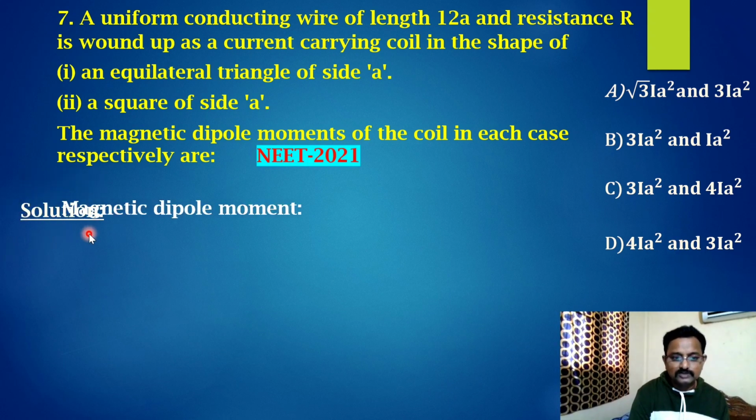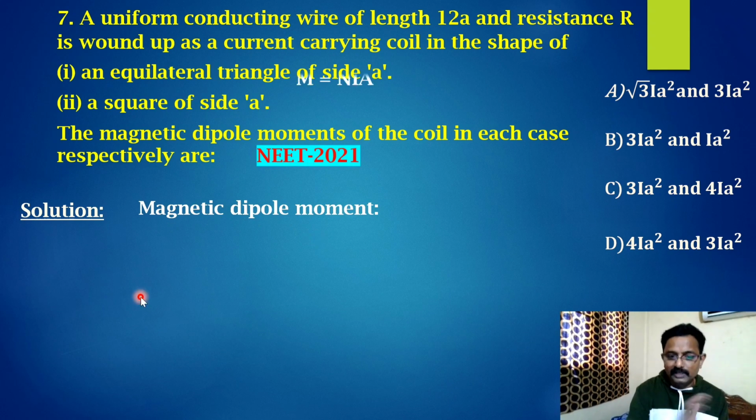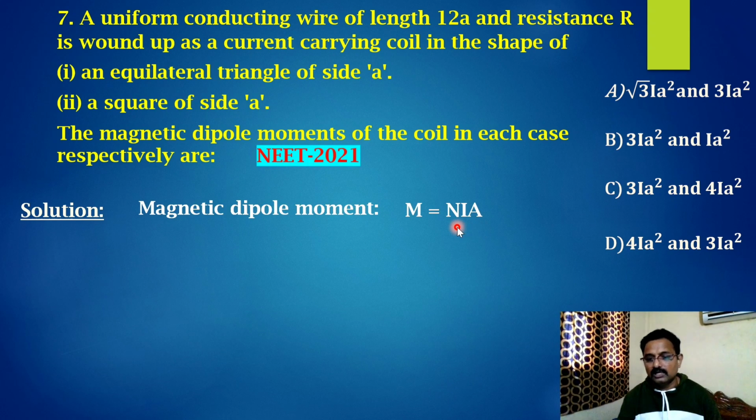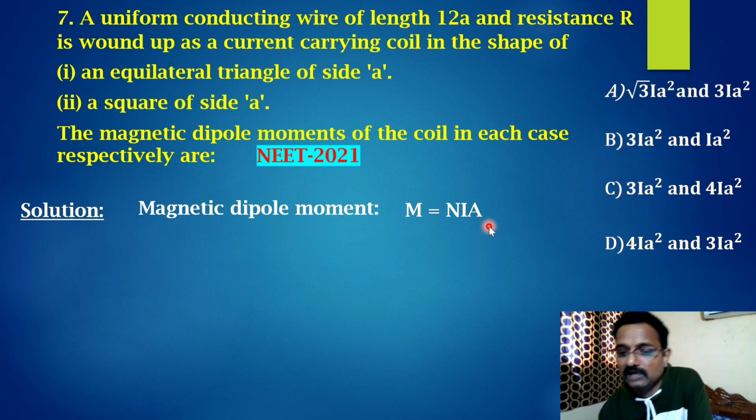Solution. Magnetic dipole moment, we know, is M equal to N into I into A, where N means number of turns, I means current, A means area of loop.